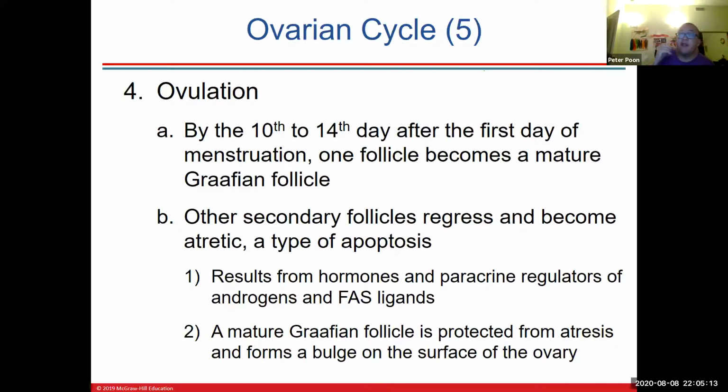This varies from person to person, and some people have regular periods and some people have irregular periods. This is the variance. So ovulation occurs anywhere from the 10th to 14th day. So this is where things can vary. You'll see the next phase doesn't actually vary.